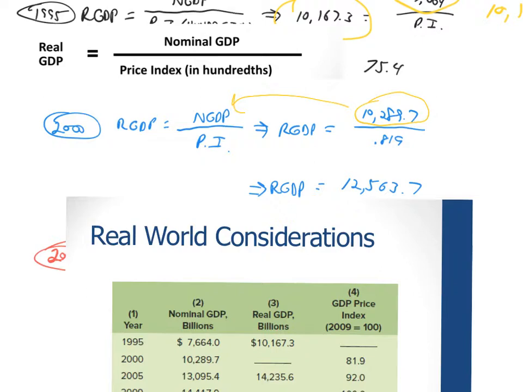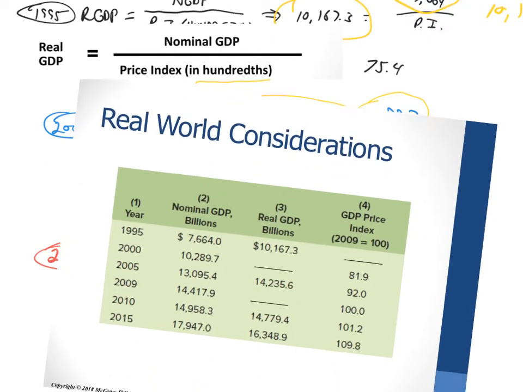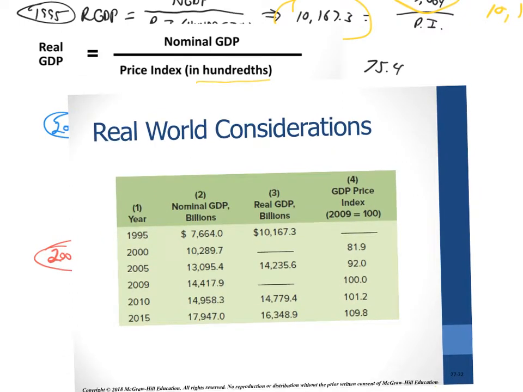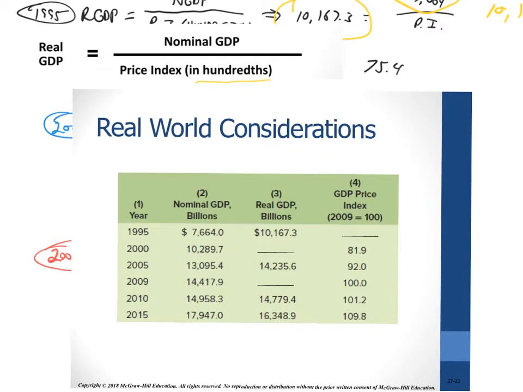And then the price index is given to us as 81.9, but if we're replacing it in this formula, then we have to take it in hundredths, as you see right here, and turn that into 0.819, which then allows us to simply calculate the real GDP figure of 12,563.7. And then finally we have another set of data here which we have to figure out, and that is 2009's real GDP.